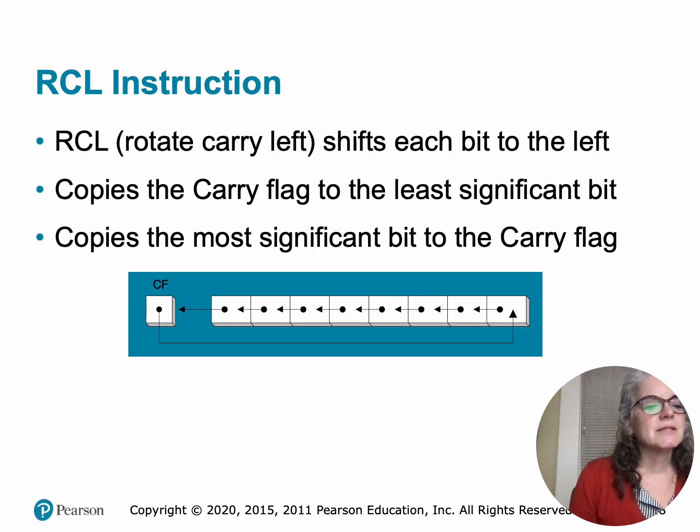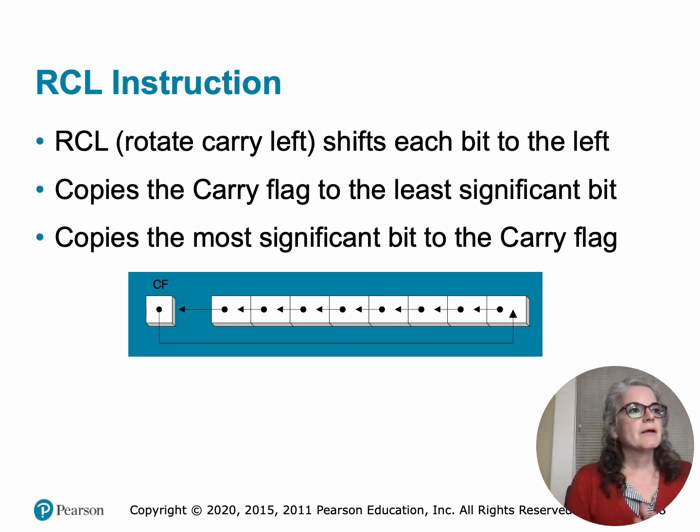All right, so this is the RCL instruction. The RCL instruction, rotate carry left, shifts each bit to the left, copies the carry flag to the least significant bit, and copies the most significant bit to the carry flag.